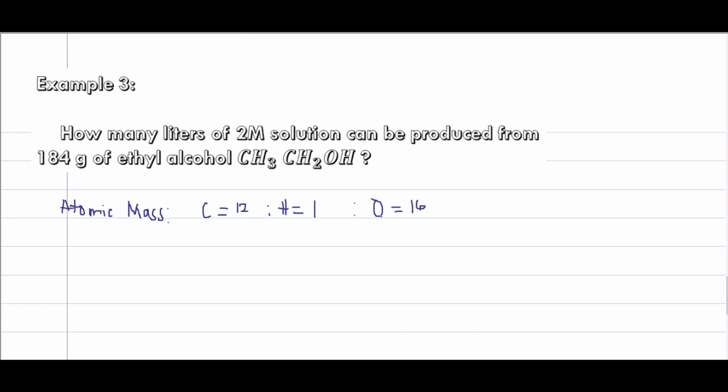To find the atomic mass, we refer to the periodic table of elements.